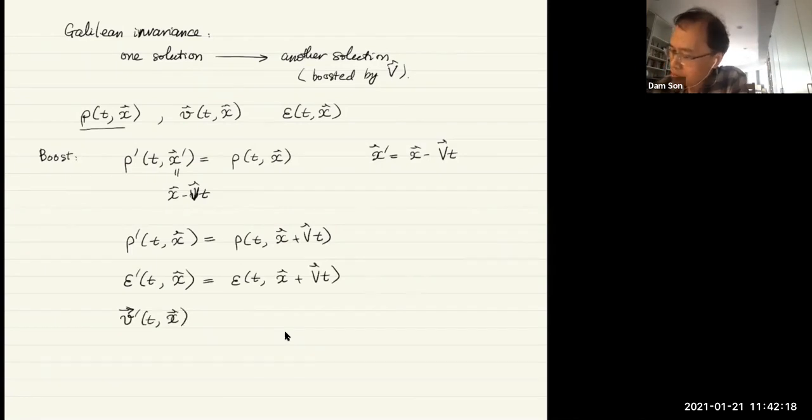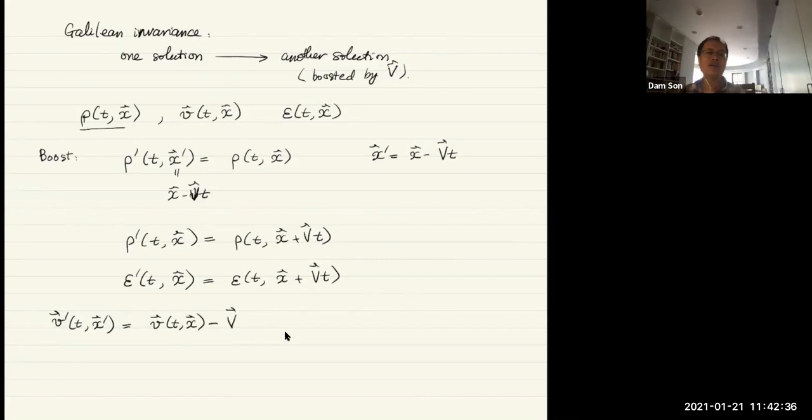Let's do it a little bit more carefully. V prime, we know that v prime at t, x prime should not be equal to v at t, x, but it has to have v subtracted from that. It's just the velocity transforming more non-trivially under a Galilean boost because it's a velocity.